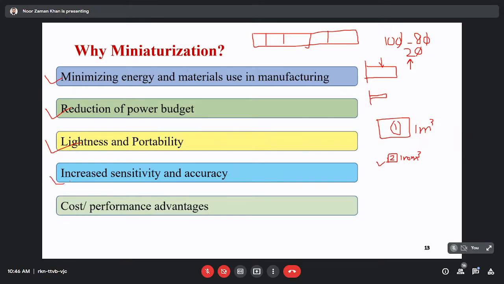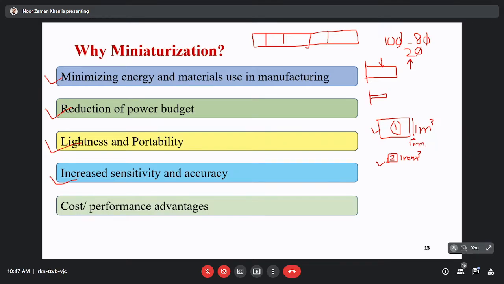Next is increased sensitivity and accuracy. How to increase accuracy? Suppose you want to move a block, again the same example. This is 1 mm.